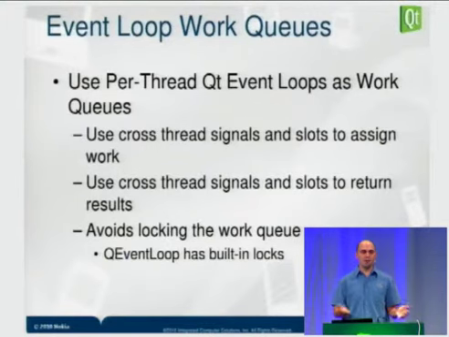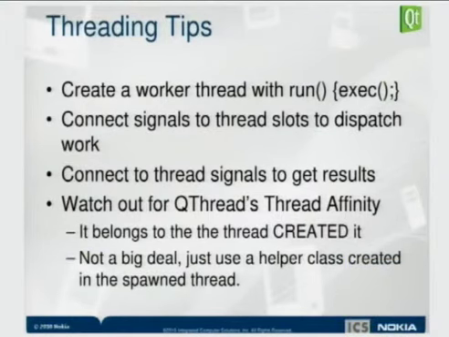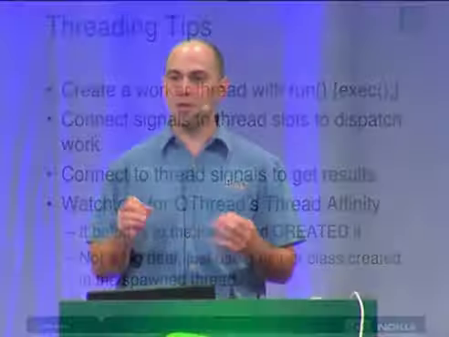All you have to do is implement a QThread that has a run function that all it does is call exec. And exec is just going to wait for events. Generally, threads don't normally get events, so it's going to sit there idle and do nothing. It is going to get events when it gets cross-thread signals and slots, though, and is going to wake up and process that work.